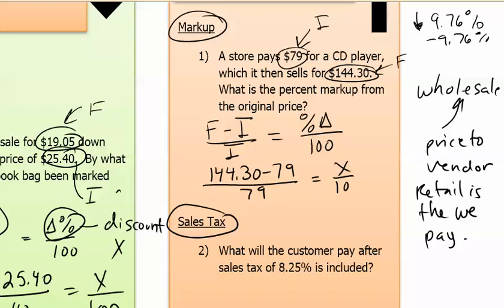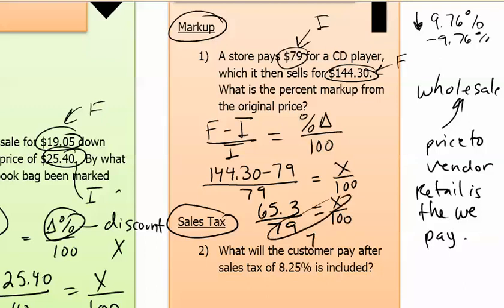It is 65.30, divided by 79. That means it's positive, because the original price is less than the final price. We should have a positive because it's increasing. It's a markup, equal to X over 100. So let's multiply that and see what we get.